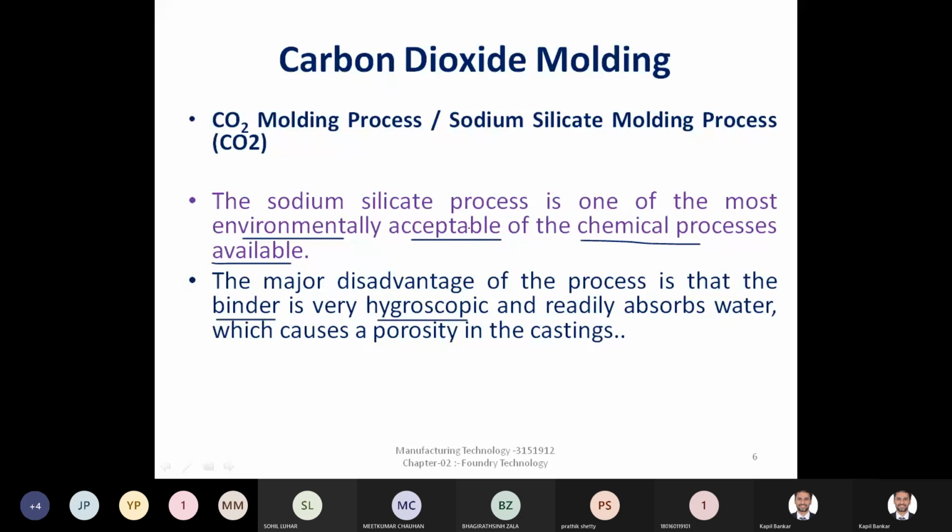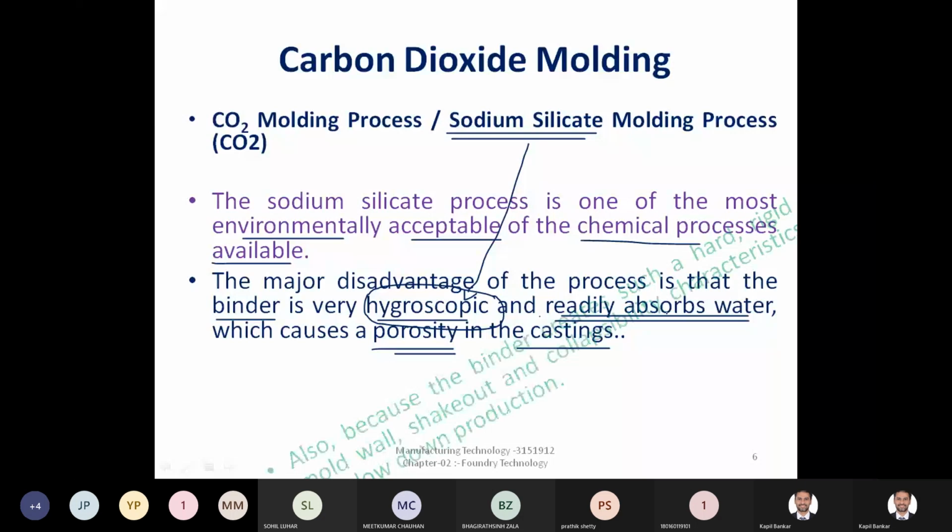The binder is sodium silicate, but this binder is very hygroscopic. Hygroscopic means it readily absorbs water. It will absorb more water, which causes porosity in the casting. Due to this absorption of more water, some porosity will be produced in your casting. This is the main disadvantage in this particular process.